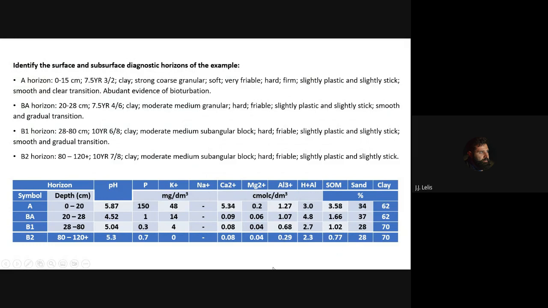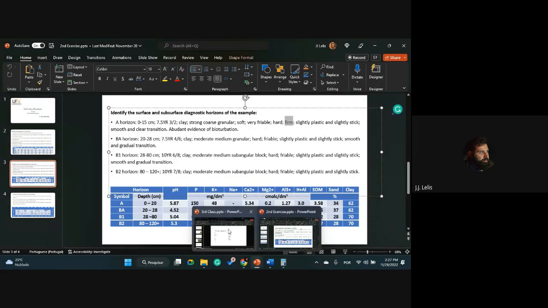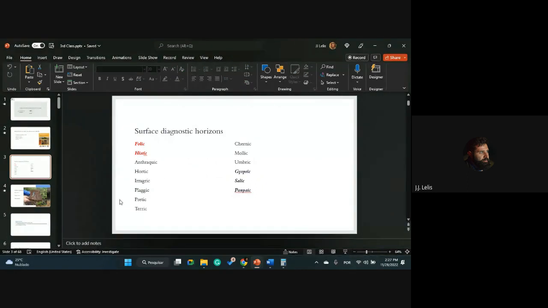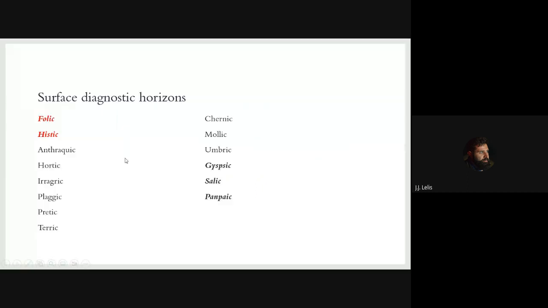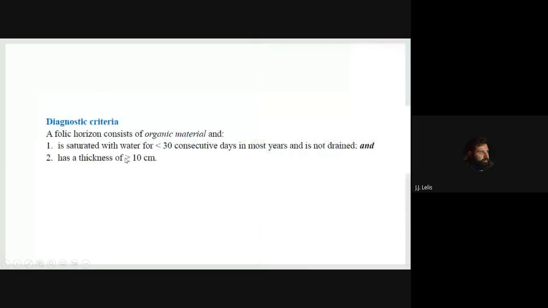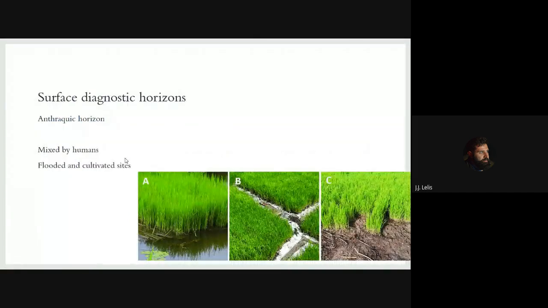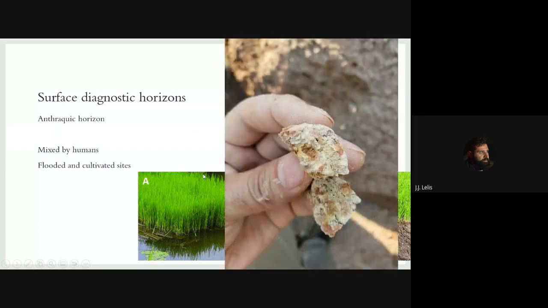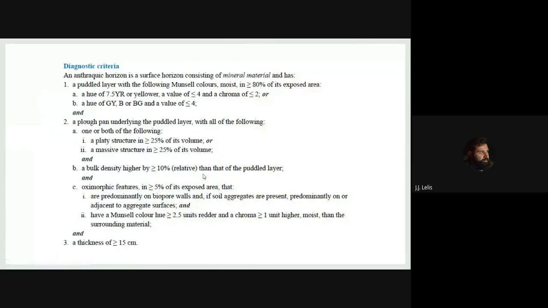So let's see which surface horizon it could be. It's not a folic, it's not a histic. Anthraquic: it should present fluid conditions and should be mixed by humans. So it could present a low value and a low chroma.